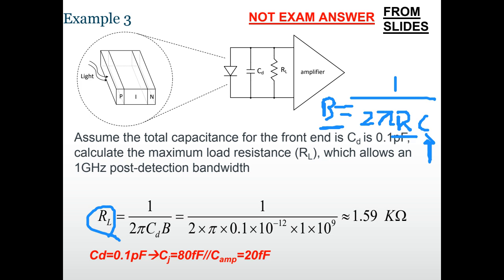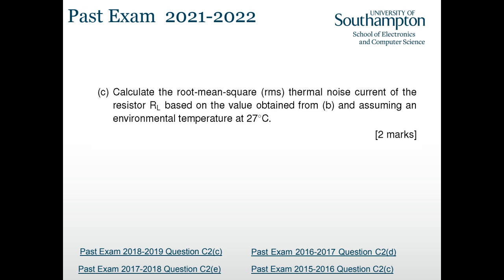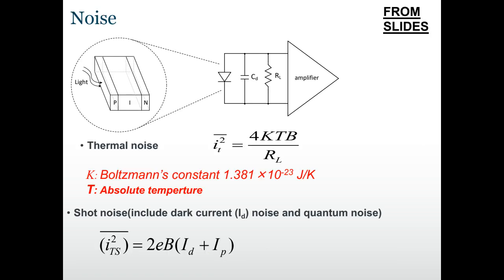Next question, calculate the root mean square noise. We have the load resistance calculated from the previous step, and then we have the temperature here. For the optical detector, we have two types of noise. One is thermal noise, which is only related to temperature.